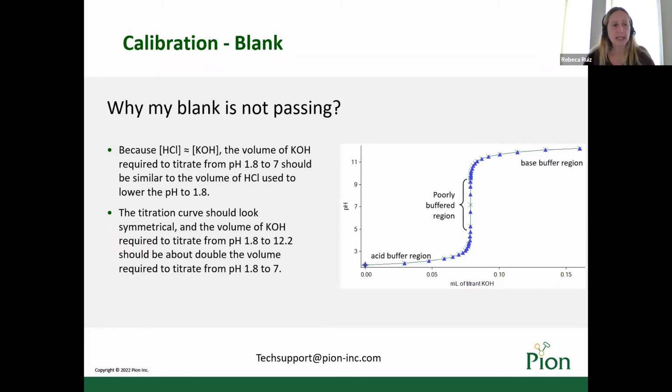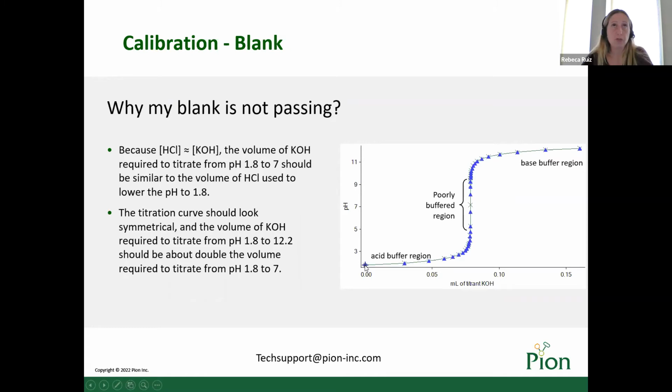Where to start to investigate when the blank is not passing? As you know, the base and the acid have similar concentrations, both 0.5 molar, which means that the amount of base required to titrate from 1.8 to 7 pH should be similar to the volume of the acid already used to adjust the pH from 6.4, 6.5, which is the pH of the ISA water at the beginning of the assay, to 1.8.